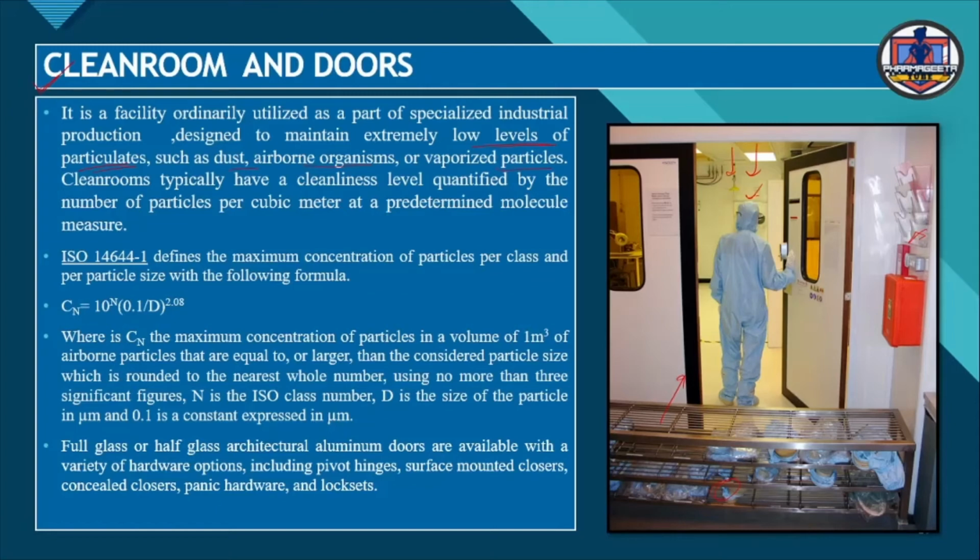Now, clean rooms typically have a cleanliness level quantified by the number of particles per cubic meter at a predetermined molecular measure. This is very important to remember. Number of particles per cubic meter at a predetermined molecular measure. Now, for example, previously you have seen that class 100 clean room was mentioned.